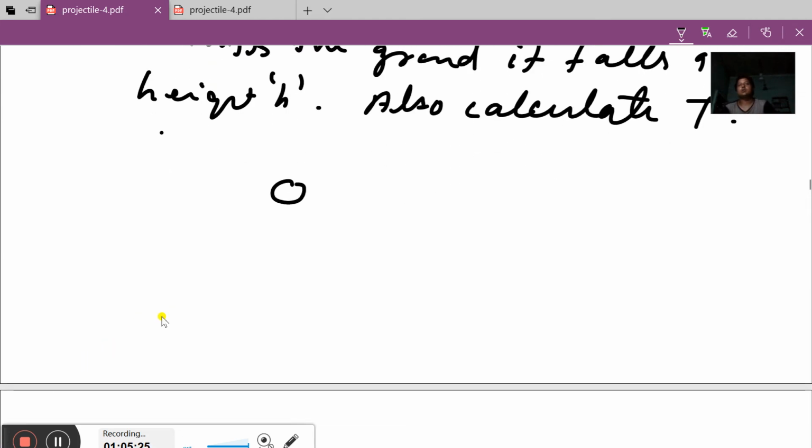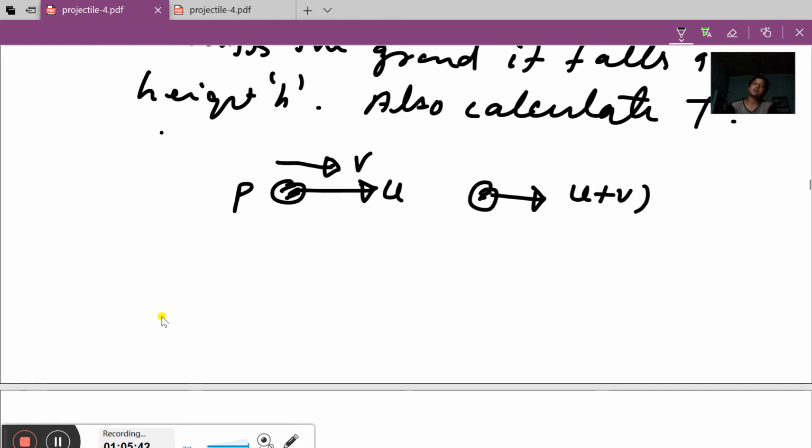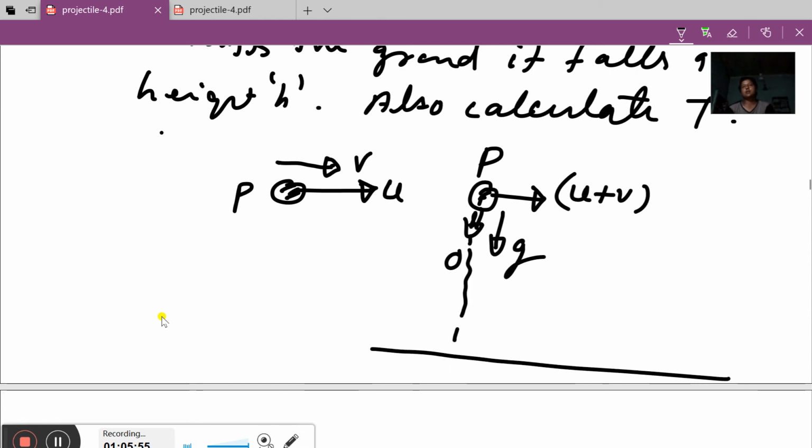According to the question, the projectile has a speed u with respect to the frame and the frame has a speed v. So the total speed of the projectile in the horizontal direction is u plus v, and there is no vertical speed, only acceleration, and the height given is h.